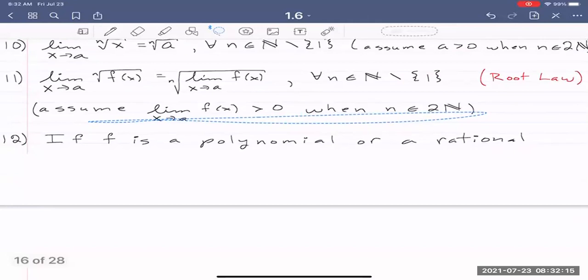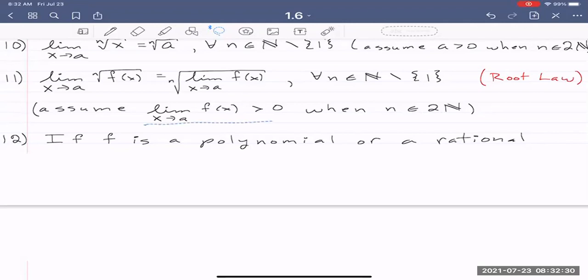I don't know why I have that last statement there. Okay, I see, yes. If n is an even natural number, then we would need to assume, in addition, that the limit as x approaches a of f of x is greater than 0. For odd exponents, I wouldn't need to make that assumption, but for even exponents, I would.